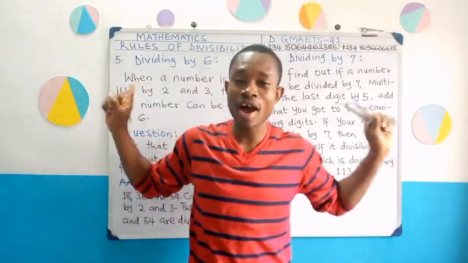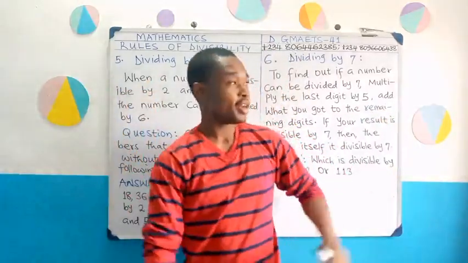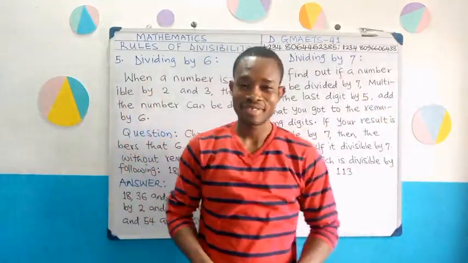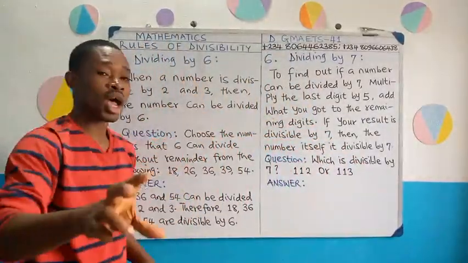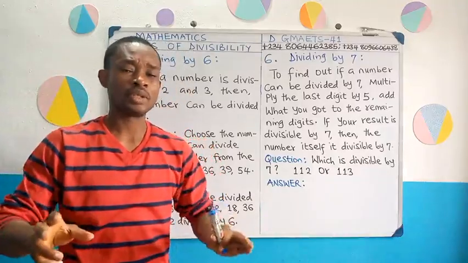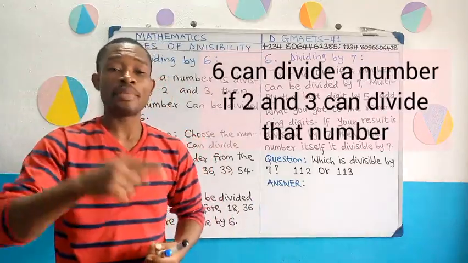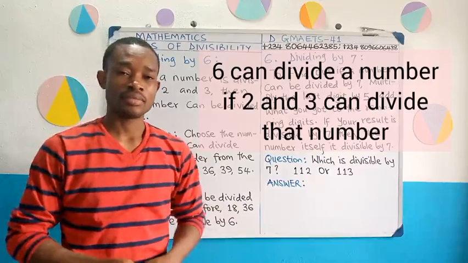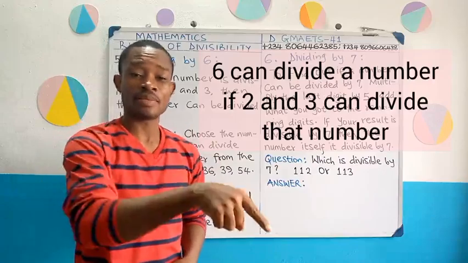So on the board here we have the two rules of divisibility by 6 and divisibility by 7. Let us look at what we have on the board here, the short note. How would you know that a number can be divided by 6? It's simple. If that number can be divided by 2 and also by 3. That is to say, 2 and 3 should be able to divide that number.